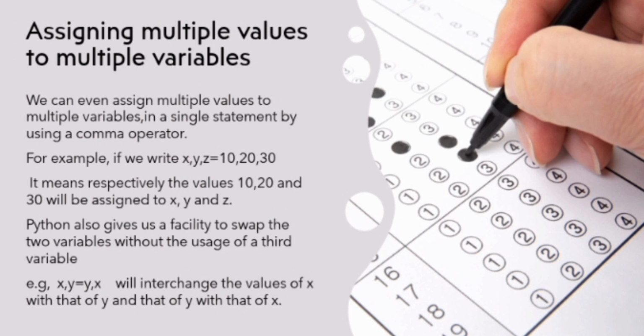A will get the value 10, B will get the value 15, and C will get the value 20. So in one line only, you can give all the 3 variables separated by commas, is equal to, again give the values separated by commas, and correspondingly each of them will get their respective values. Very good concept in Python.